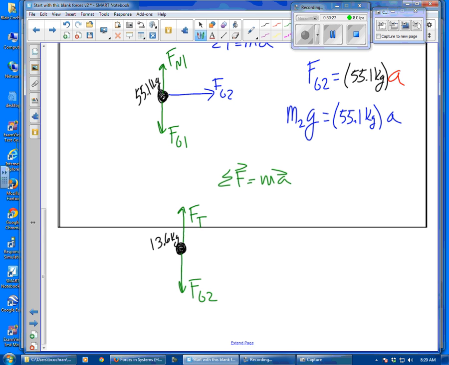FT is up that way. Acceleration is down that way. Filling that in mathematically. And then I would know the value of A from doing it in the previous part.